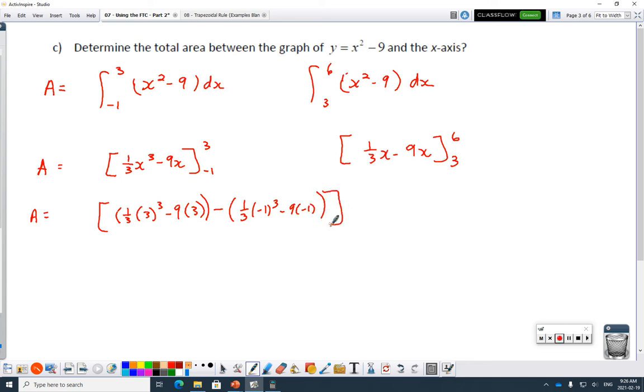And I've kept that in a square bracket this time because I'm trying to keep these two separate pieces separate so you can see what goes on here. 1/3 3 cubed minus 9 times 3, yes, minus 1/3 -1 cubed minus 9 times -1. Okay, and then something's going to happen here in between these two integrals. Yeah? I got to deal with that at some point. But over here, this whole integral comes out to, let's see, 1/3.